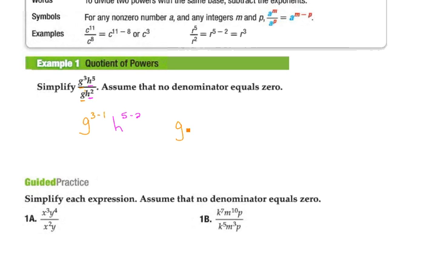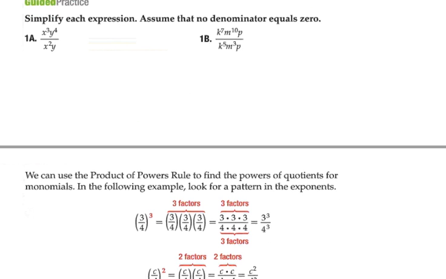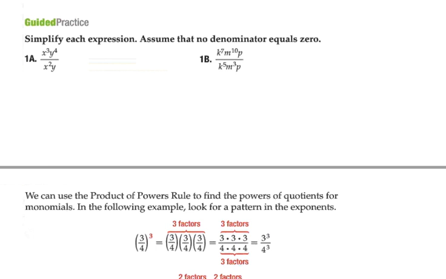So final answer, I have G squared, and I have H to the 3rd. Remembering that there is a little 1 on our G right there. Okay, keep the base, subtract the exponents. Numerator minus the denominator. All right, go ahead and give that a try in guided practice 1.